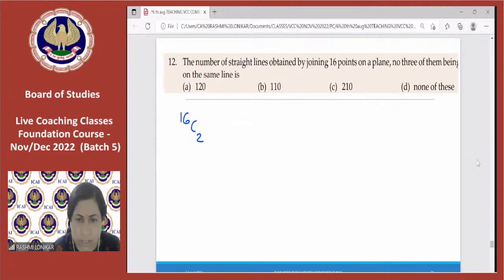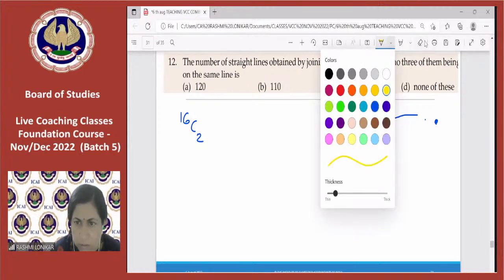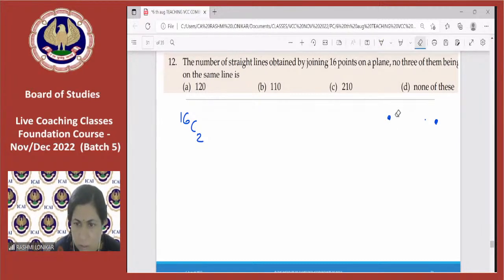Because when I want to draw a straight line, I need point number 1 and point number 2. So therefore, I have taken 2.